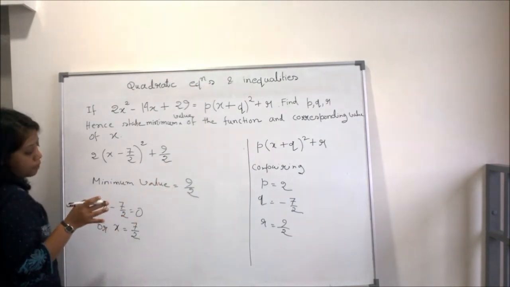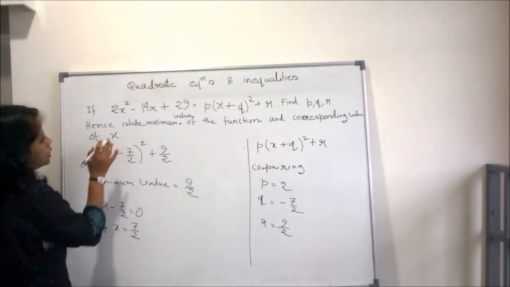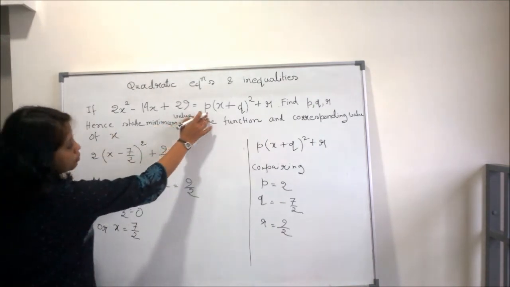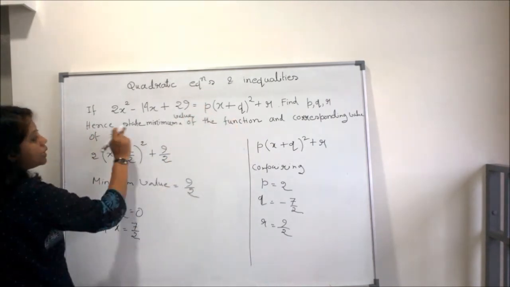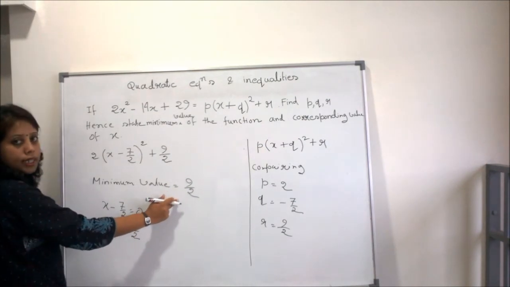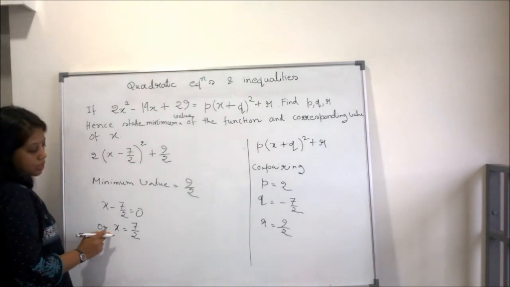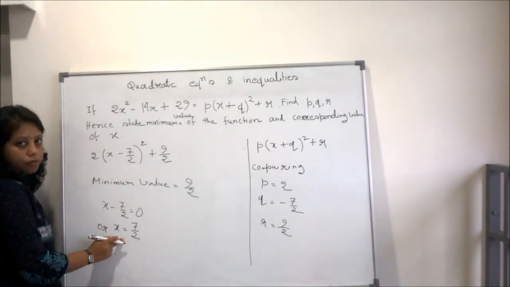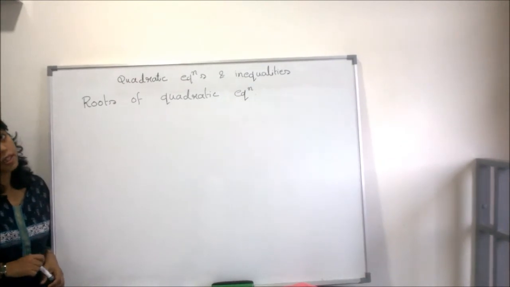So we have found all the answers of our given problem: the values of p, q, r, and the minimum value of this function is 9/2. When is it 9/2? When the value of x is 7/2.